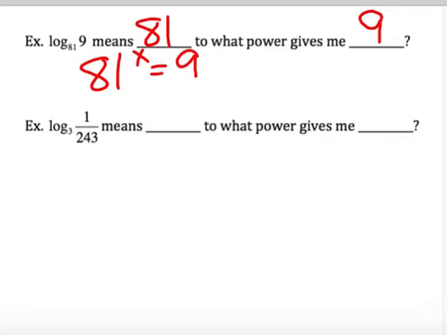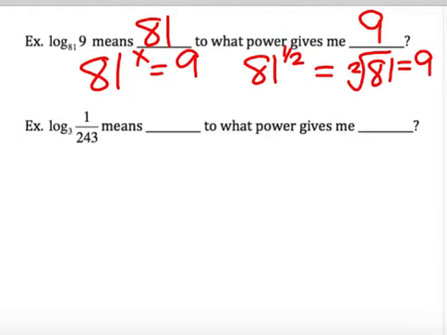You know that 9 squared is 81. So if we wrote this as 81 to the 1/2, remember that the denominator becomes the root, and the square root of 81 is 9. So my answer here is 1/2.